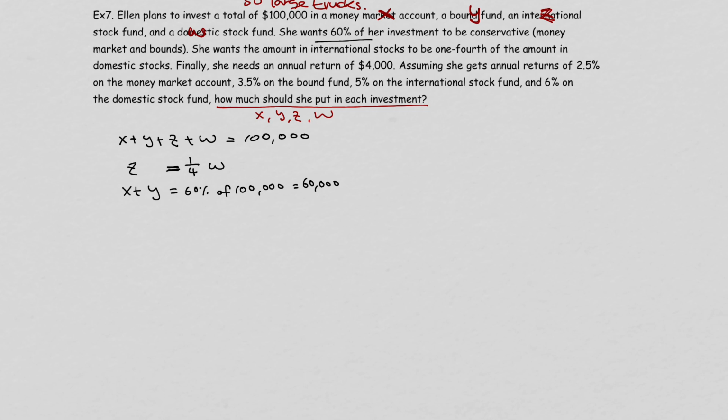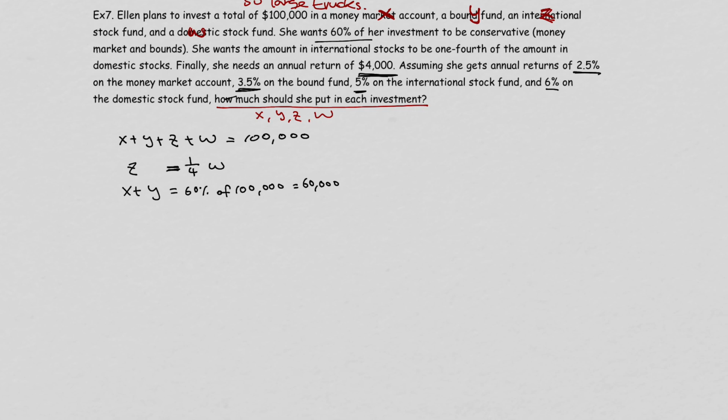Here, 4,000. So the annual return has to be 4,000, and each return from the 4 cases, 2.5, 3.5, 5%, and 6%, has to come up to 4,000.